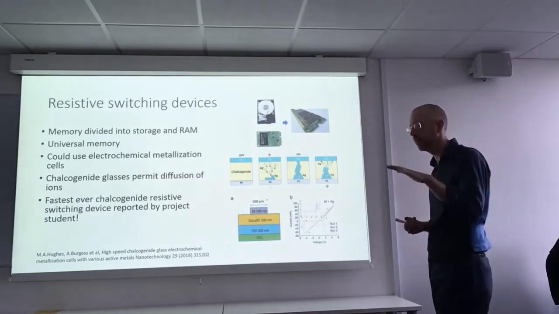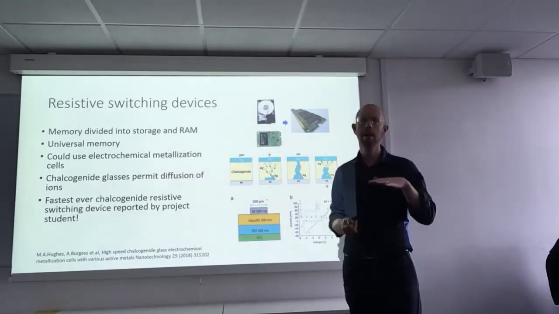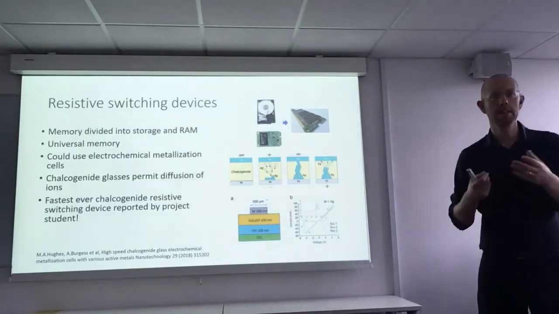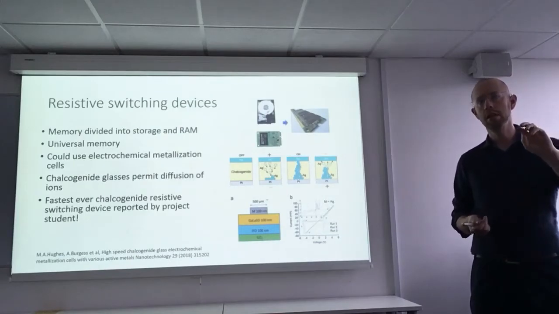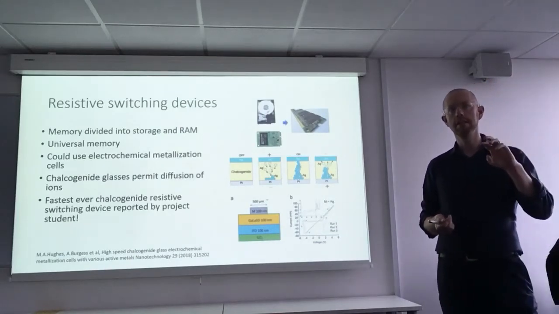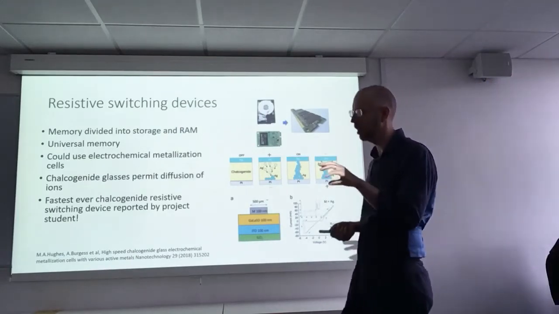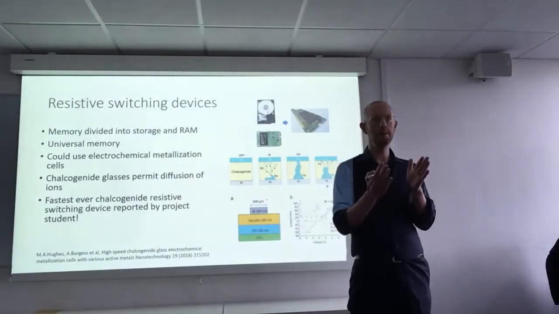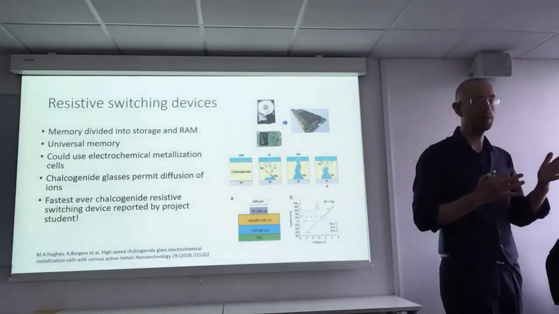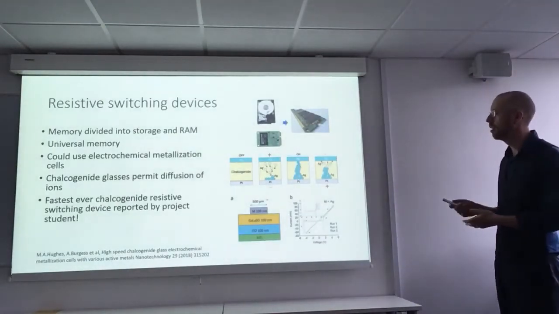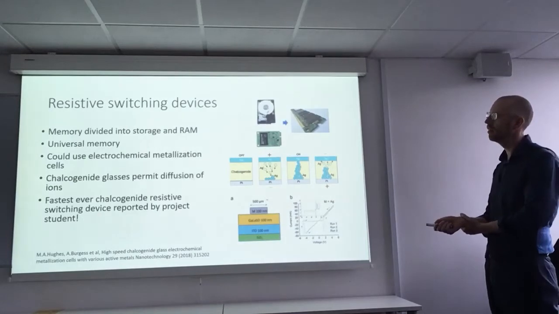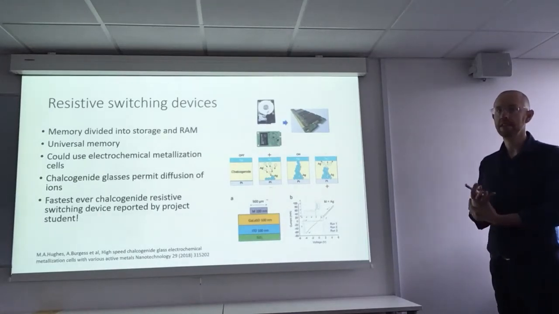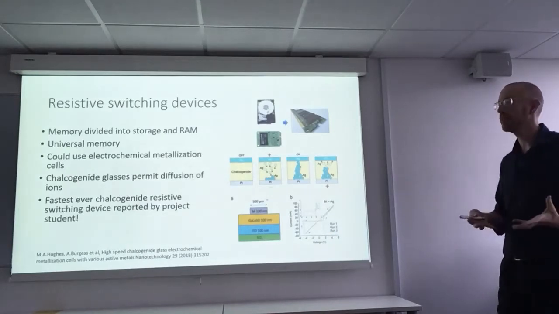It's a thin layer of chalcogenide glass in these devices, and they switch between a glassy and a crystalline state. The glass and the crystalline state have different resistances, and that is how you store your binary 1 or 0. But what I've been looking at is a completely different mechanism for doing the same thing, but with chalcogenide glasses.